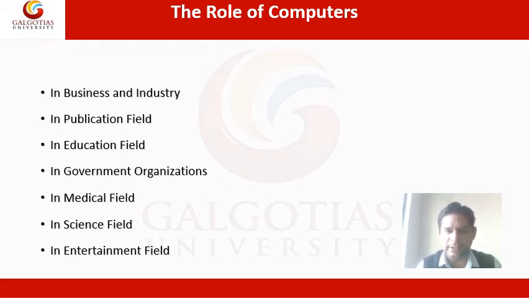And in the entertainment field also, the role of computer systems can be defined because there are so many software in the market, like 3D Maya or any animation software available. All of you are aware of cartoon films or animation movies.